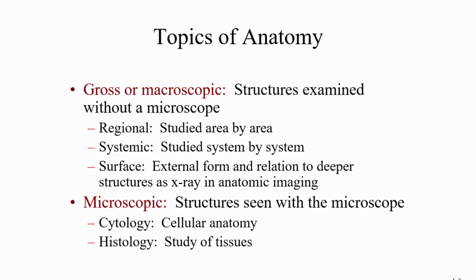And we'll be looking at slides later, which were most likely prepared by a histotech. Okay, if you were taking this class live, and you actually have an anatomy lab, then you'd be pulling out a microscope and pulling out these slides and looking at them. But we'll be taking a look at some of these slides in this course as well.